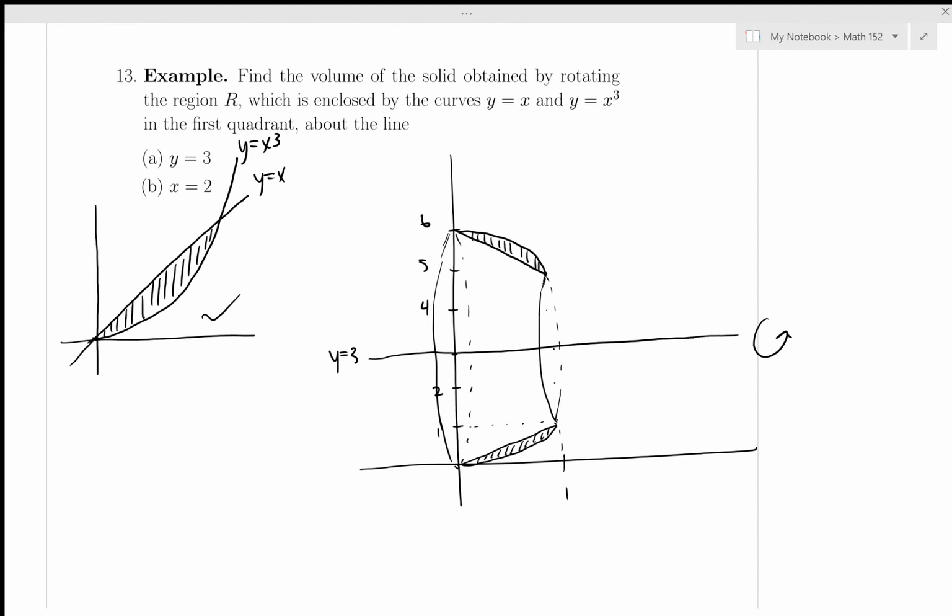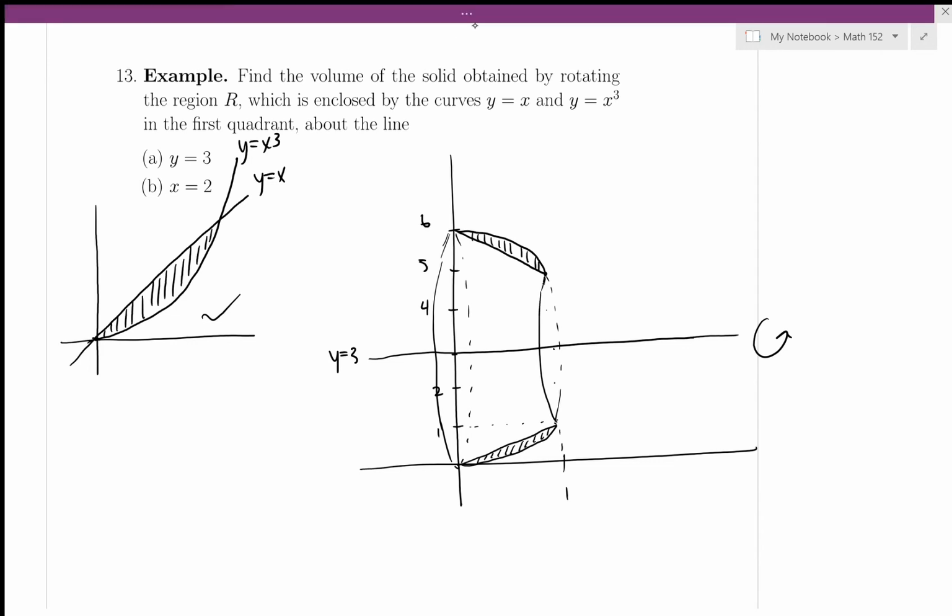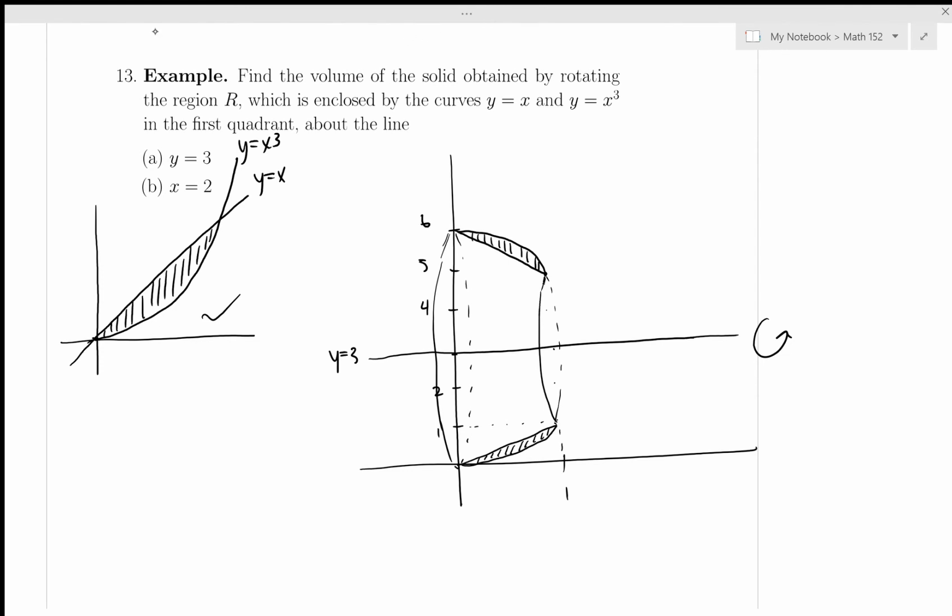This is why we call this the washer method, because washers are things that you put on a screw before screwing it in, that stops your screw from loosening, and they basically look like this. That's what a washer looks like. You can see that in this case our cross section indeed looks exactly like that.